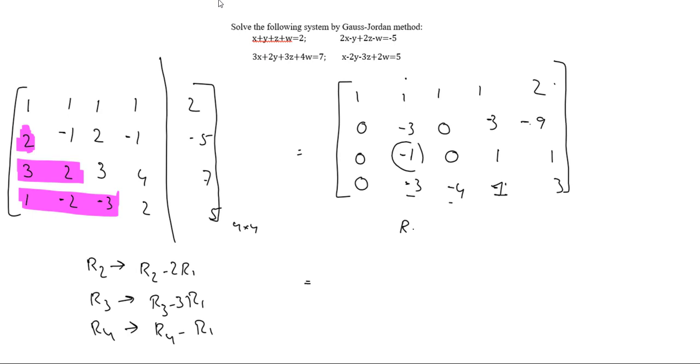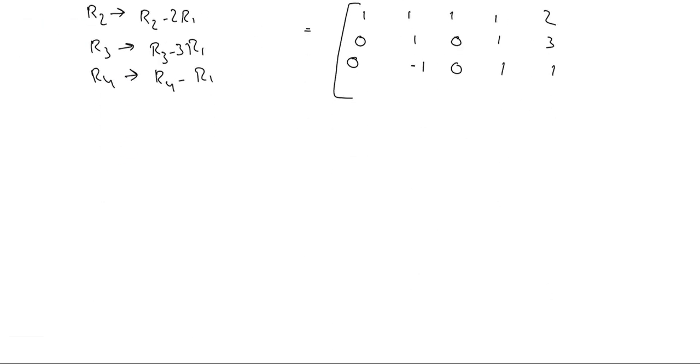We can write R2 as R2 divided by minus 3. So we get 1, 1, 1, 1, 2; 0, 1, 0, 1, 3; 0, minus 1, 0, 1, 1. And lastly we get 0, minus 3, minus 4, 1, 3.